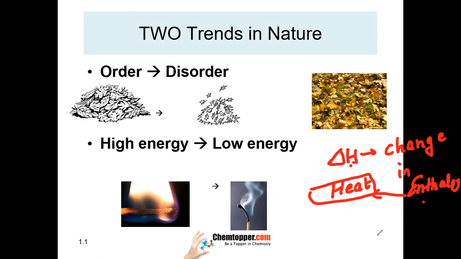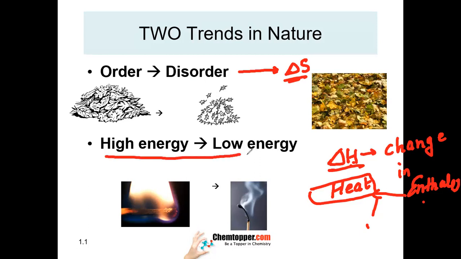Unit 6 was quite lengthy. Here we are going to deal with delta H again, but with that we are going to know two more quantities. One is delta S, which is going to tell you the disorderness, randomness of the system.